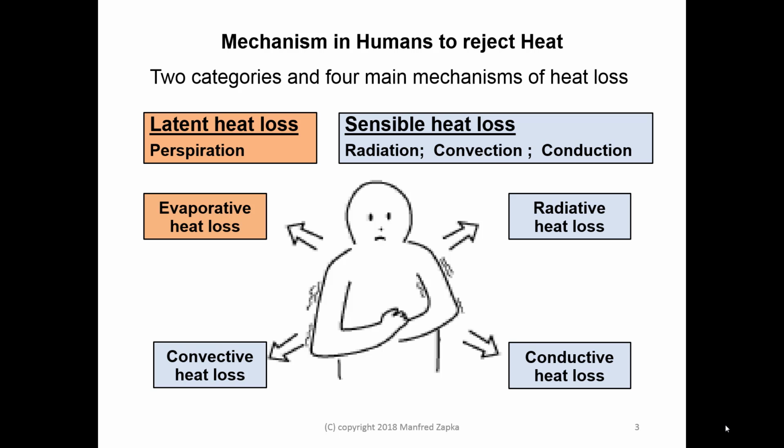Sensible heat loss is associated with radiation, or radiative heat loss, convection, and conduction. You see it on the graph here, that poor body is very hot, so he has to lose heat, right? So he can do this in terms of evaporative heat loss when he's sweating, convective when air is blowing over him, or radiative heat loss, or conductive heat loss.